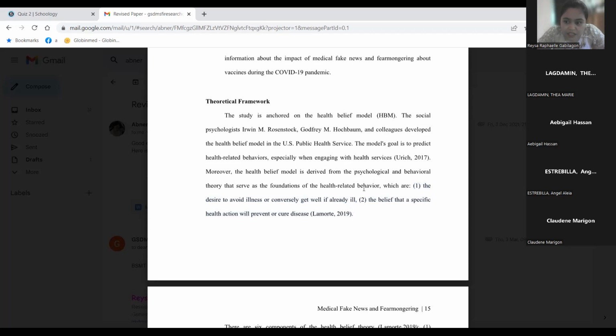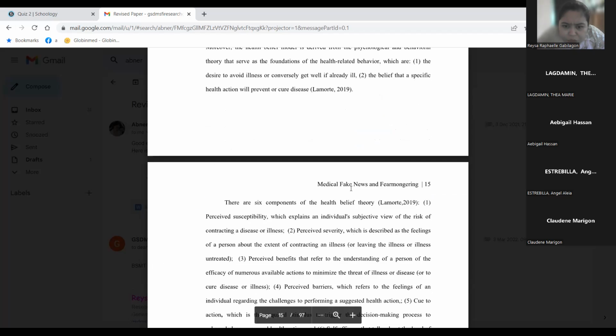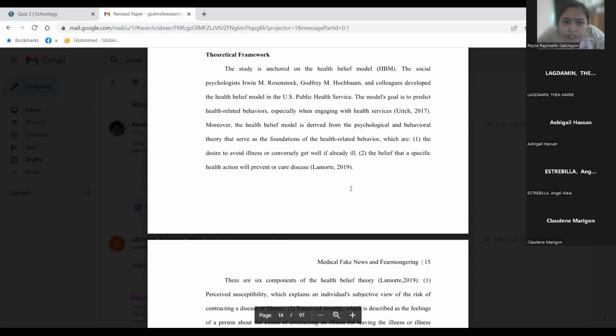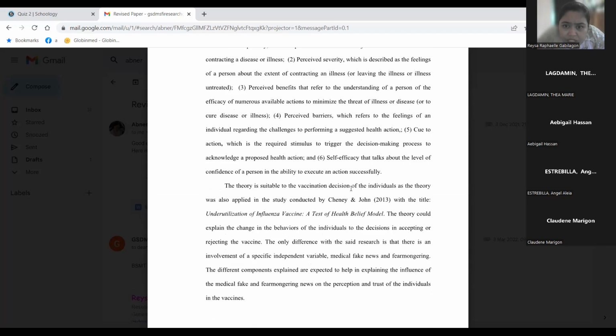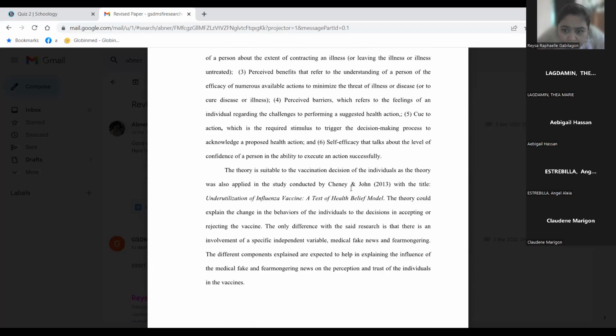Yung sa kanila kasi, kinukunan nila kung meron bang effect yung fake news doon sa pagpapavaccine, no? So most likely, related talaga siya. Wait lang, kasi mahaba itong, check natin yung synthesis nila kung how this model or this theory is related to their research.